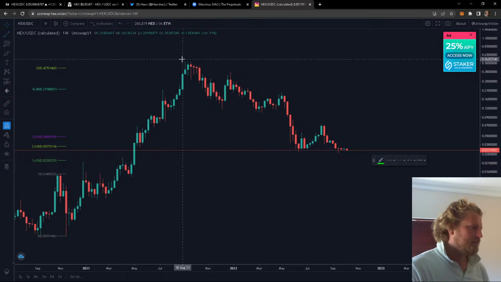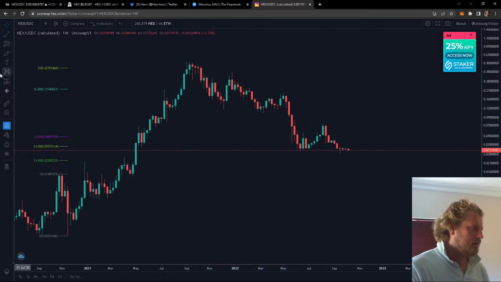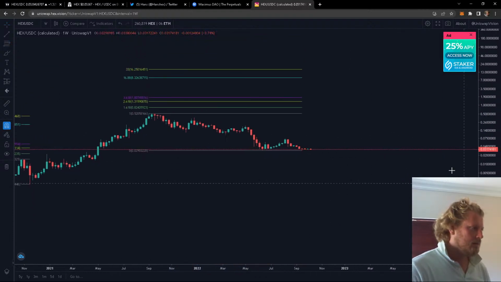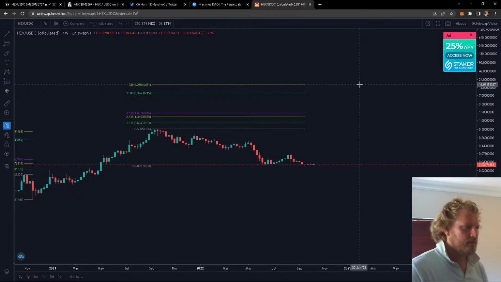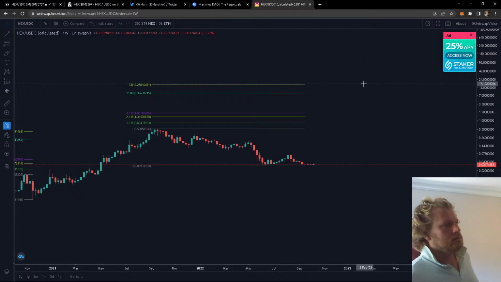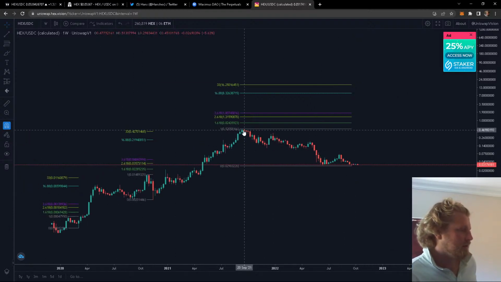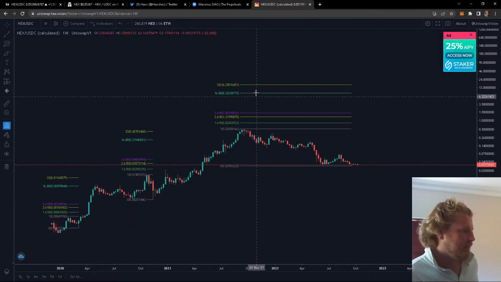And now if we do it from here, this will show you your next targets. 16.25. So $30 is maybe a little bit over enthusiastic, but this was one market cycle and not just one pump.